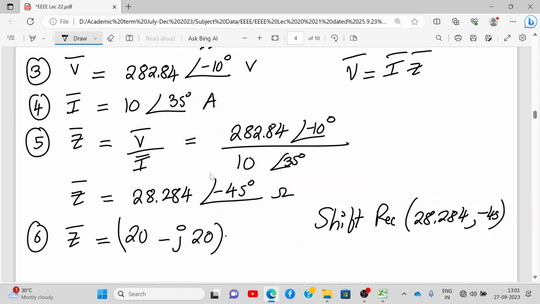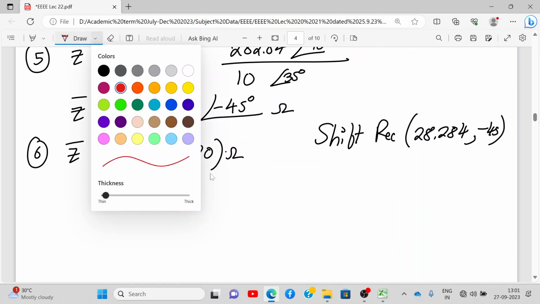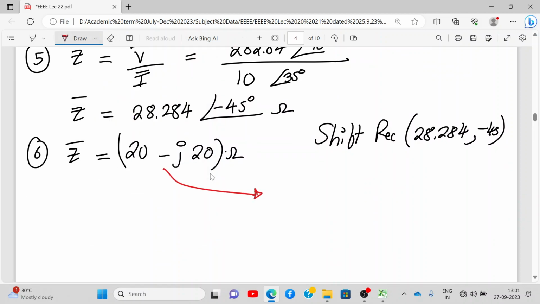Now this is resembling which form? This is Z bar equal to R minus jX. Capacitive nature, right? So what will X be? XC minus XL.